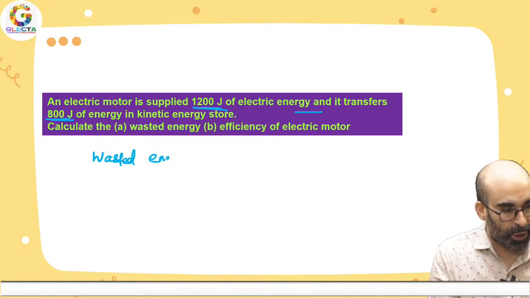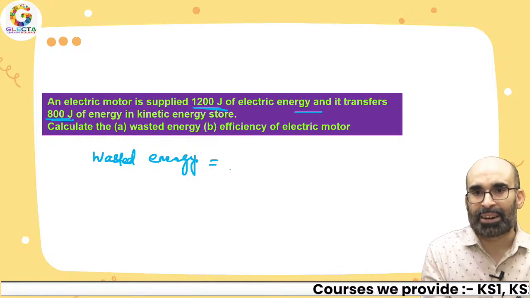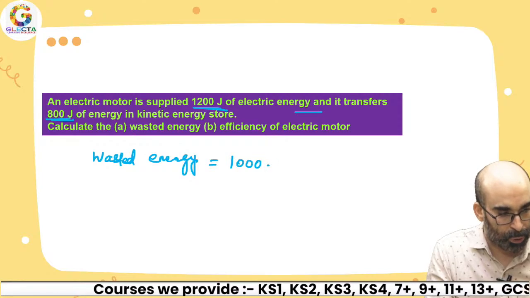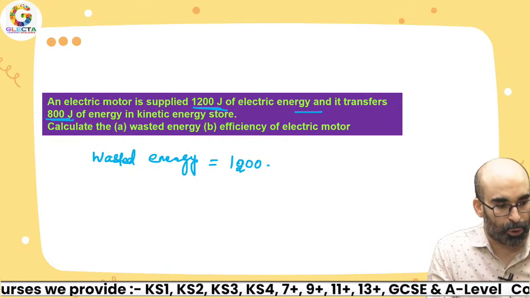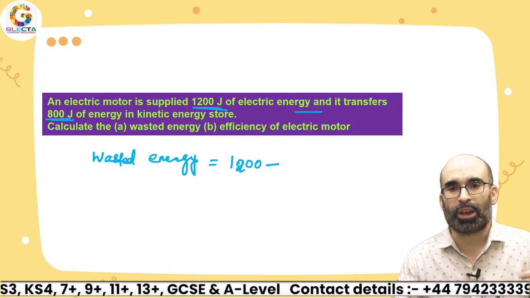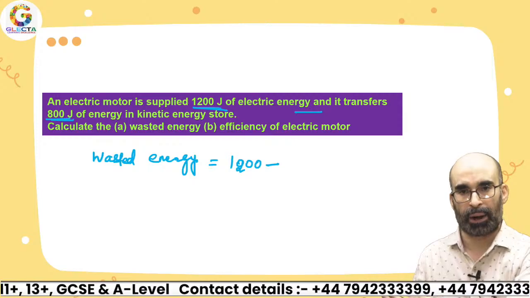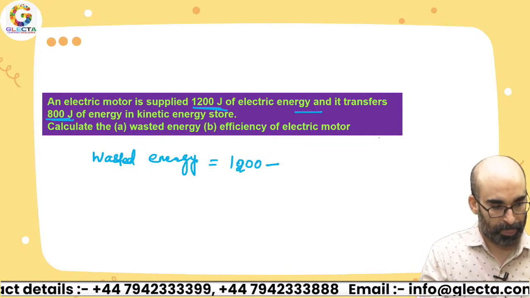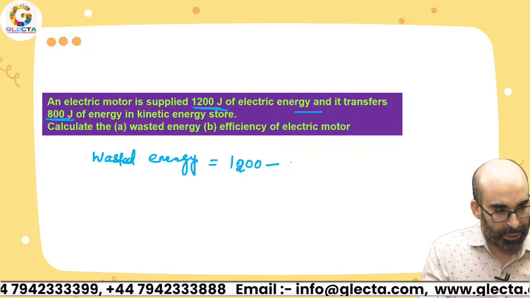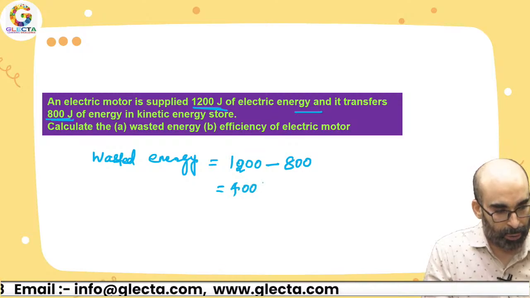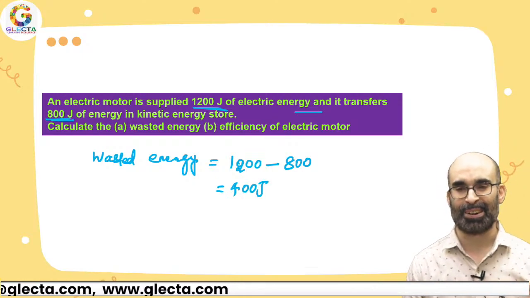Wasted energy would be the total energy that it takes in, that is 1200 joules, take away 800 joules. 800 joules is the energy in the desired form, in the desired store. So 1200 take away 800 means 400 joules of wasted energy.